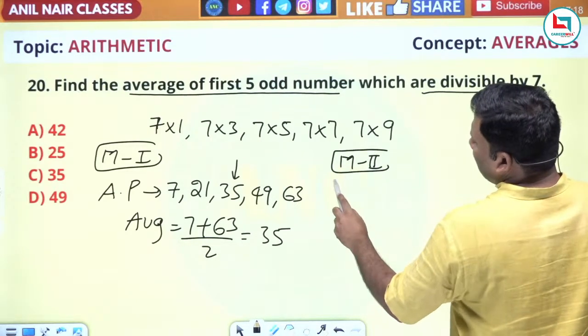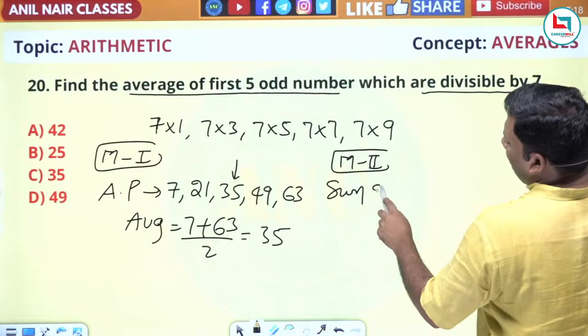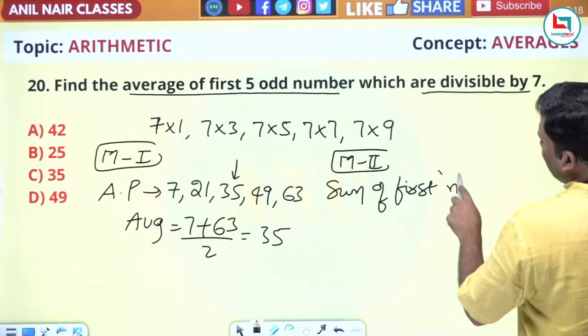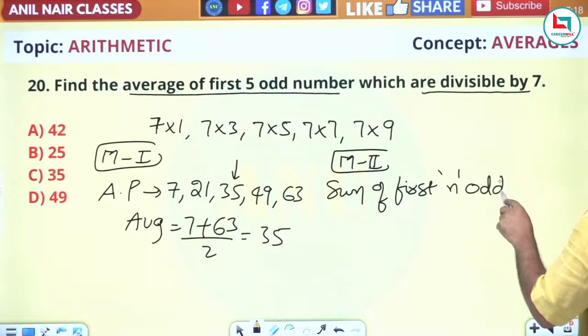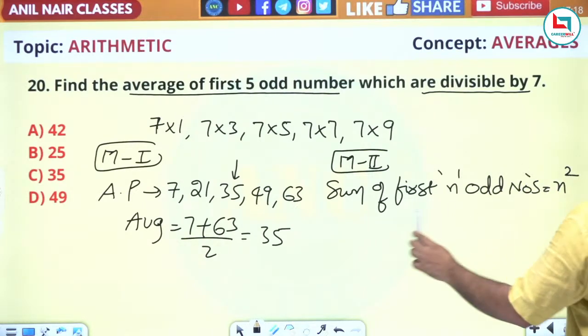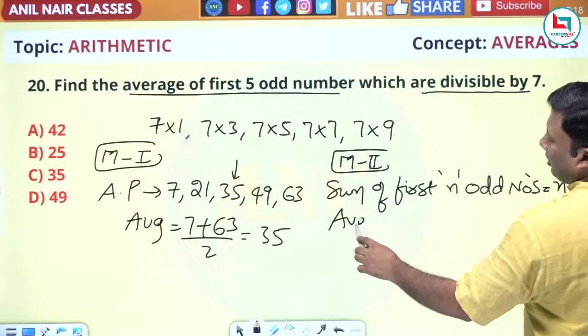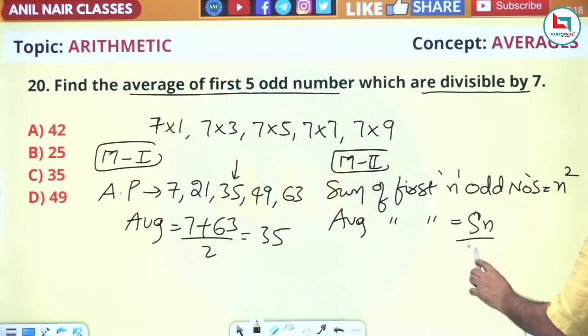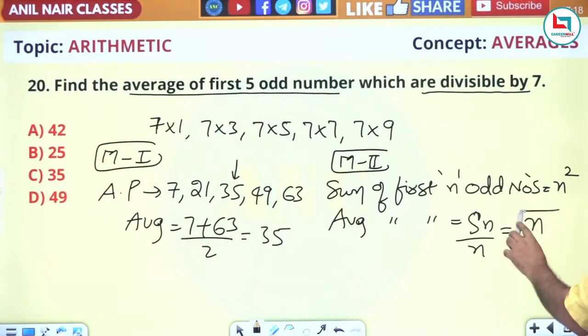Method 2. We just now discussed in session number 1 that the sum of the first n odd numbers is n square. The average of the first n odd numbers will be Sn by n. N square by n is n.